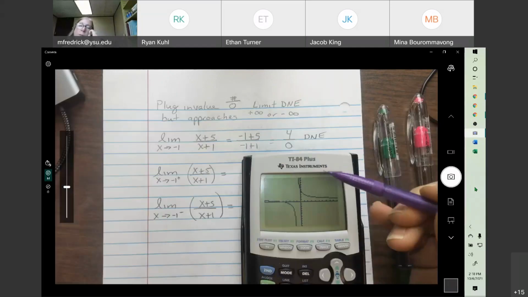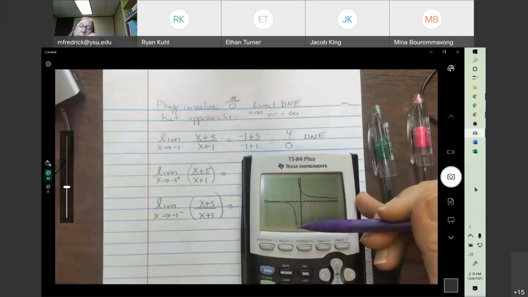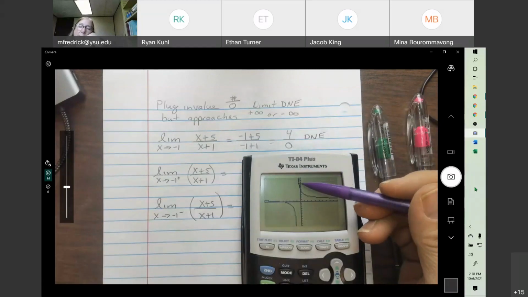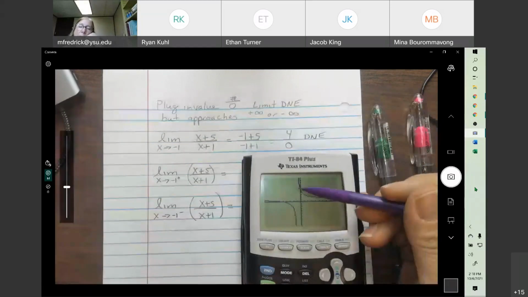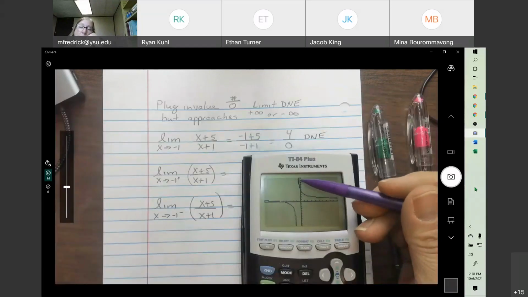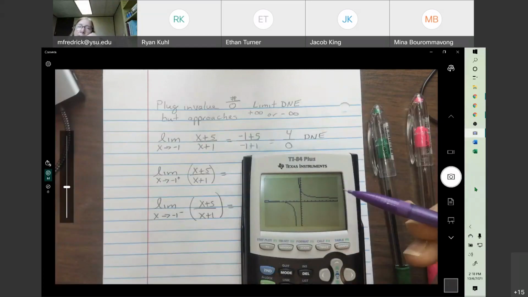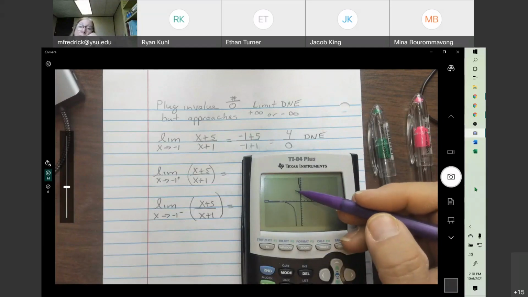If you have a TI-84, it does not show the asymptote. There's actually a dotted vertical line at -1. If you have a TI-83, it shows a solid line right here.